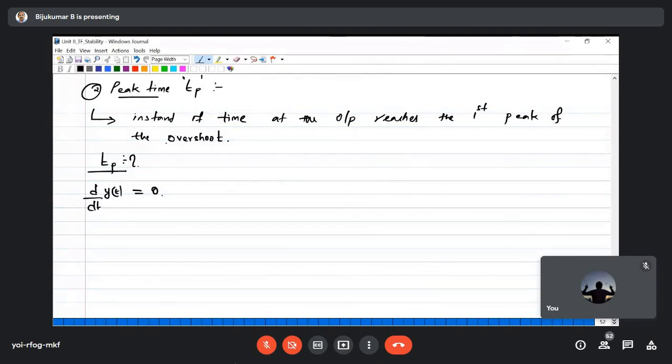So if you take the first derivative, how can we write it? It is 1 minus e power minus zeta omega nt multiplied by cos omega dt plus e power minus zeta omega nt multiplied with sine. So if you take the first derivative, the derivative of 1 is 0.